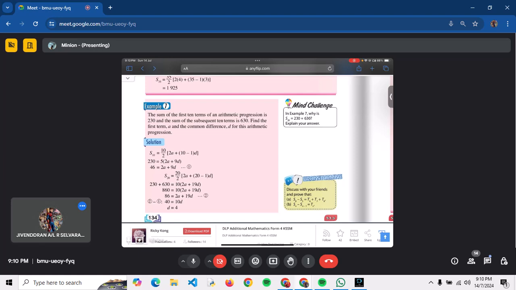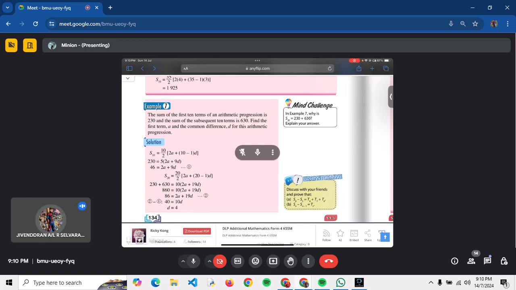Okay, so they have given the information where they say the sum of the first 10 terms, that means S10 is 230. So S10 equals 230, and then the A and D is what we have to find.